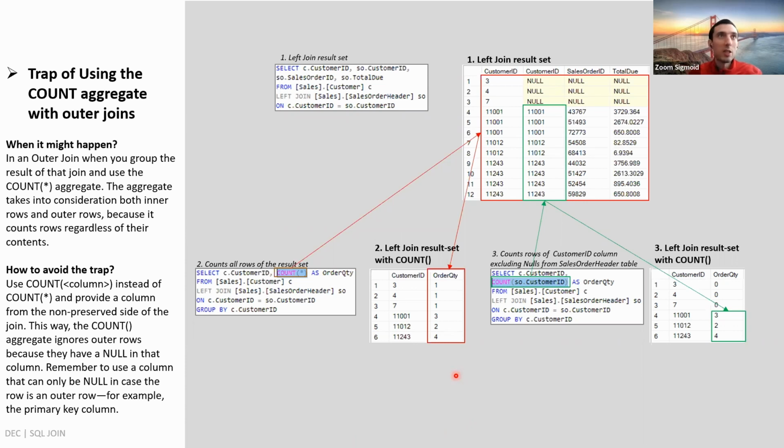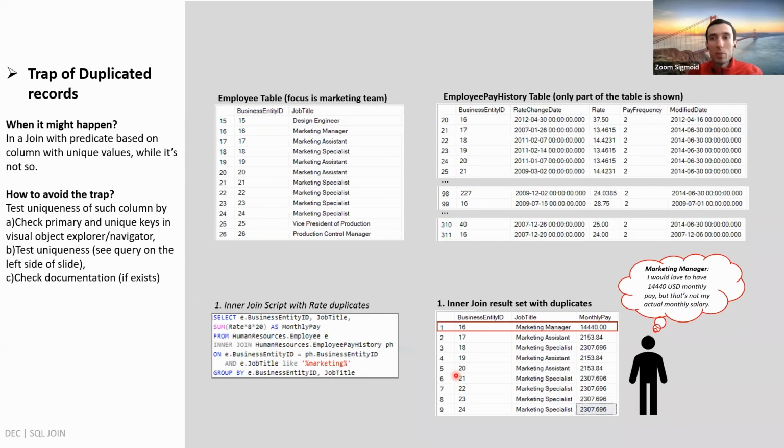Okay, let's see the next trip. So this is the trip when we can have some duplicated records. Let's see when it might happen.